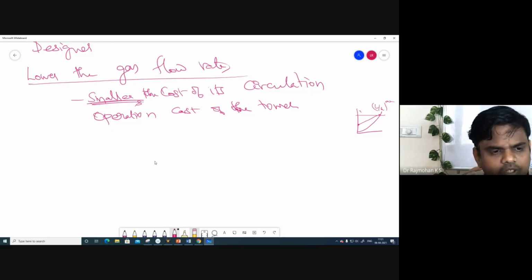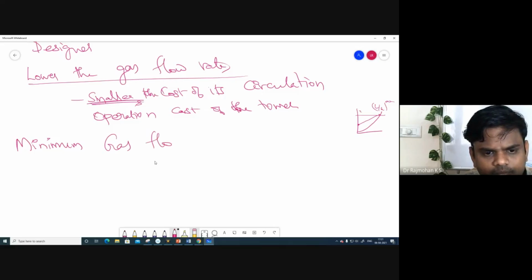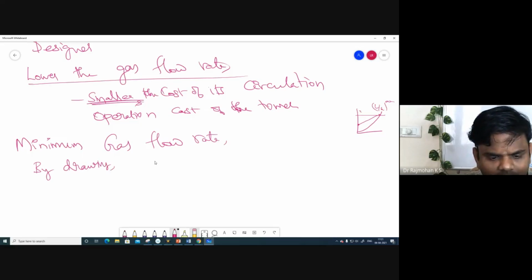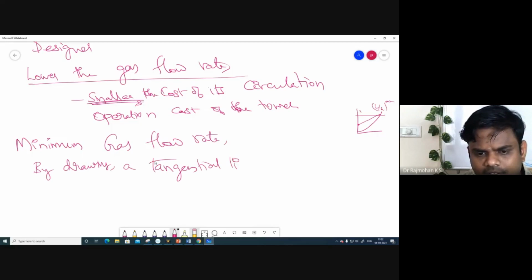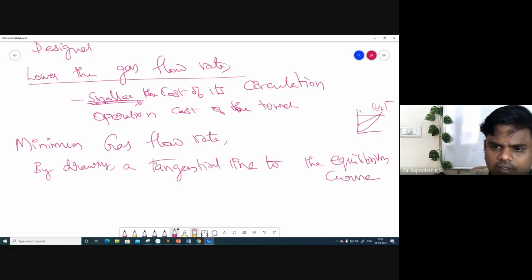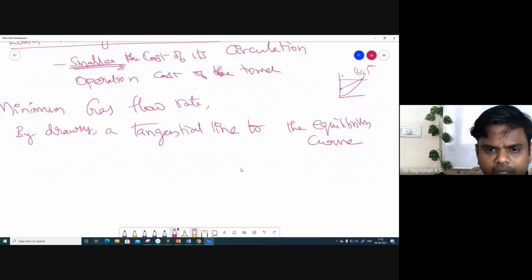To obtain the minimum gas flow rate, usually people say minimum gas circulation rate, we draw a tangential line to the equilibrium curve, and by drawing a tangential line to the equilibrium curve we will get the minimum gas flow rate.